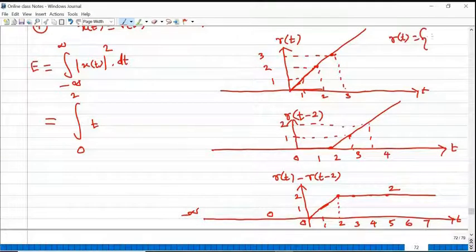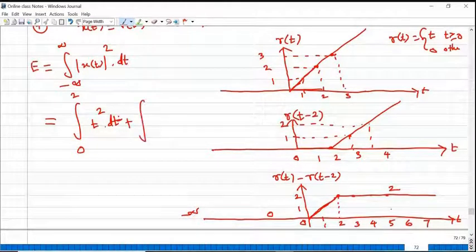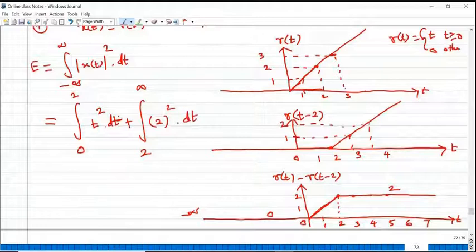Mathematically, r of t equals t when t is greater than 0, and 0 otherwise. So in the resultant signal, from 0 to 2, the function is represented by r of t equal to t. So x of t squared into dt, plus 2 to infinity, a constant magnitude of 2, so x of t squared into dt.